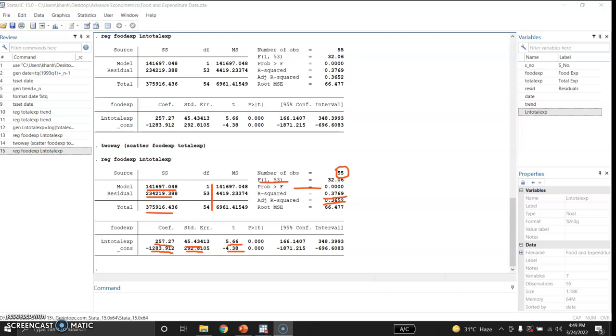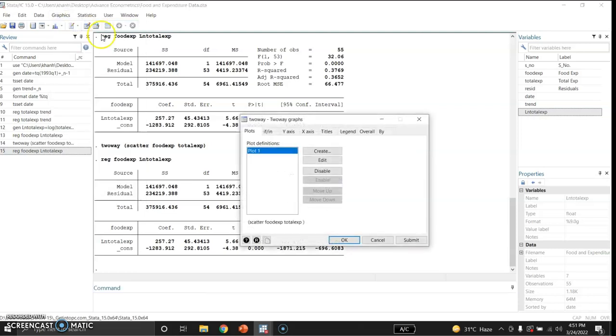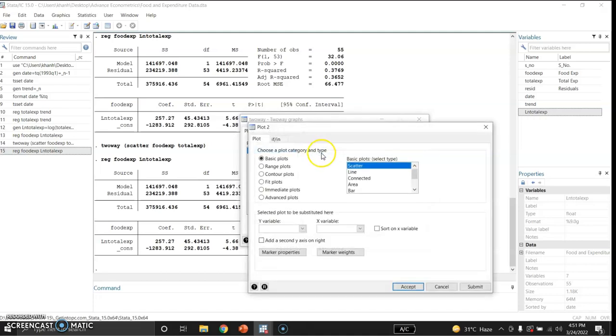So let me show you the graph of food expenditure and total expenditure, and I'll show its scatter. So I'll go to graph and two-way graph, and in two-way graph I want to go to create, and yes, so my y variable should be the natural log of total expenditure.